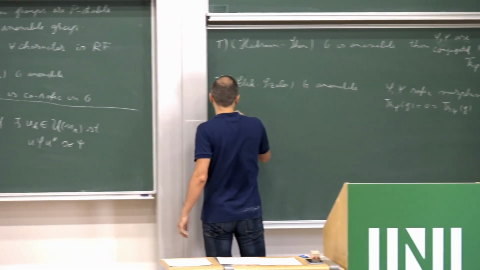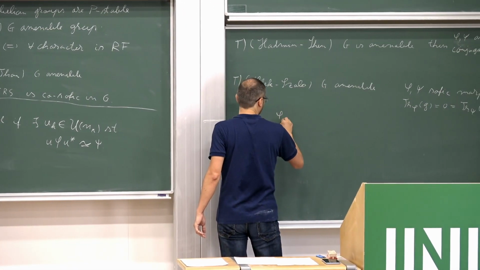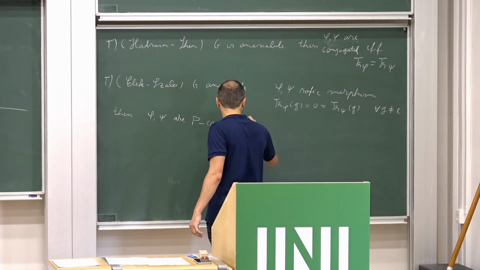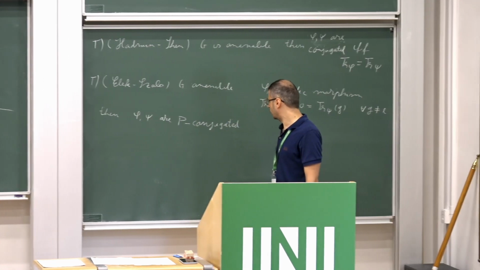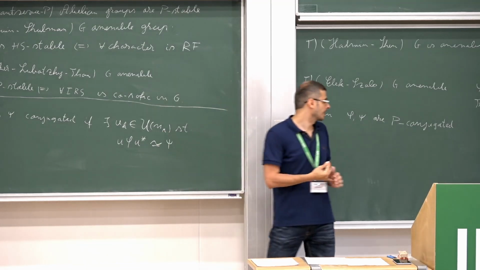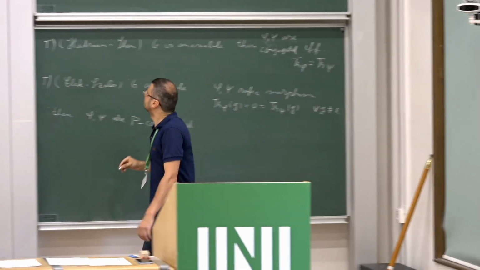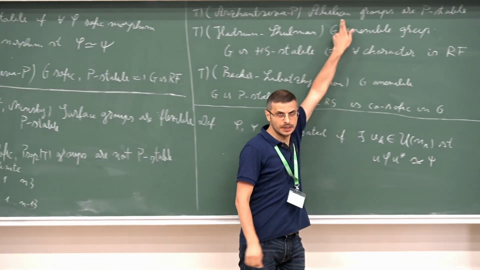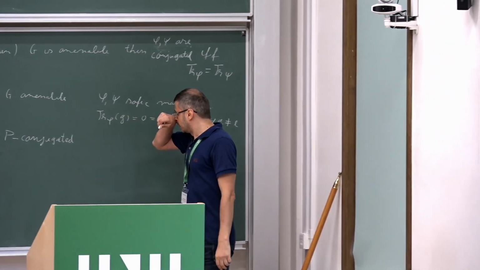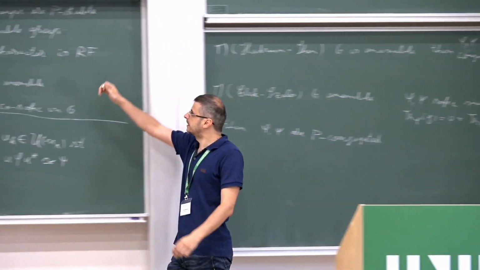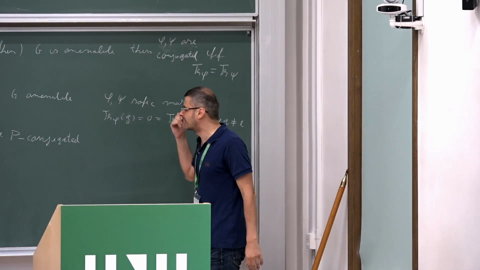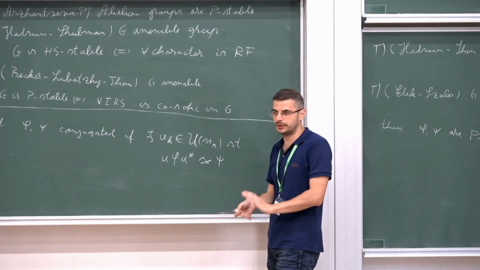Then the conclusion is that phi and c are, and I will say p conjugated, meaning that they are conjugated by a sequence of permutation matrices instead of unitaries. And this is the result that we used to prove this theorem, and this is the maximum that you can get out of the classic Elek-Szabo, because you work with all sophic morphisms and you want them to reduce only to trace-preserving sophic morphisms. And you kind of need amenability to be able to do that.